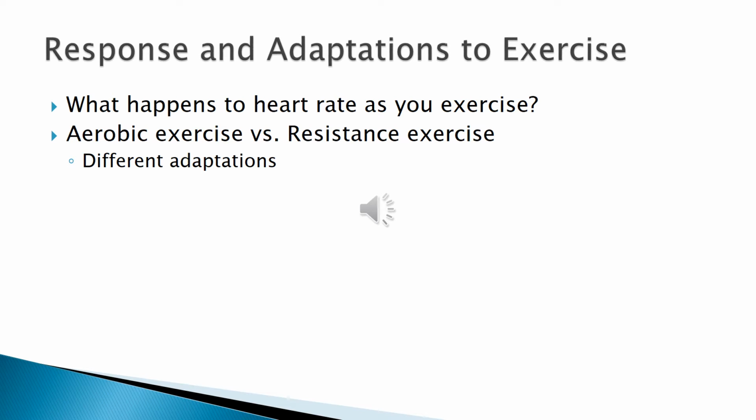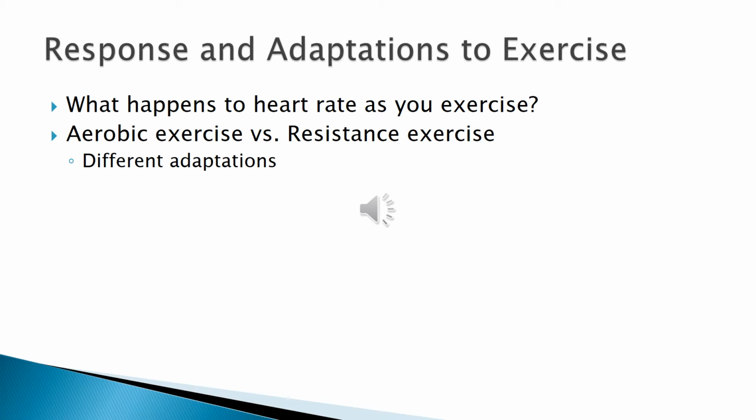Another adaptation to consider is in looking at the cardiovascular system in response to different types of exercise. So what you have with aerobic versus resistance exercise, someone who highly trains in aerobic exercise versus resistance exercise. What happens is the ventricular mass and volume increases in response to aerobic exercise.